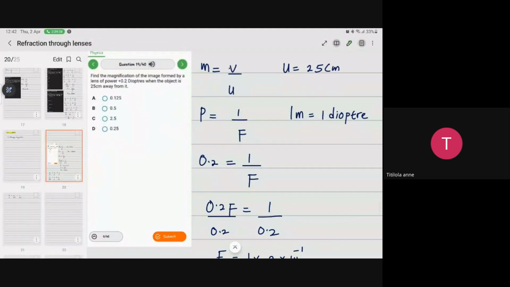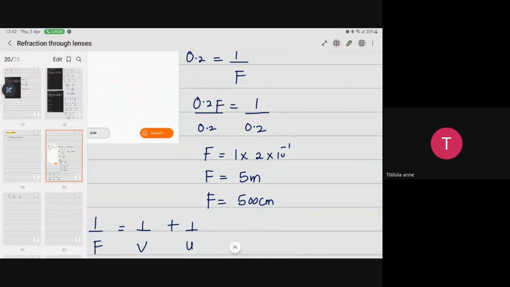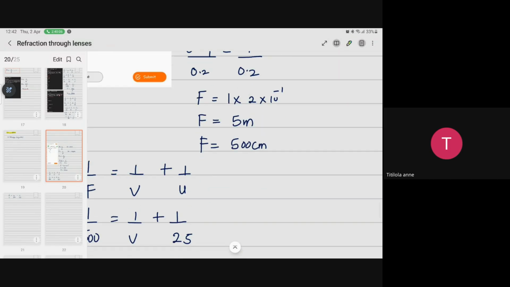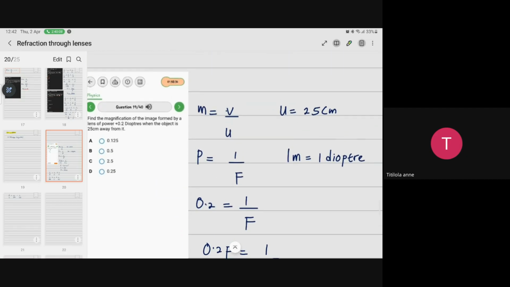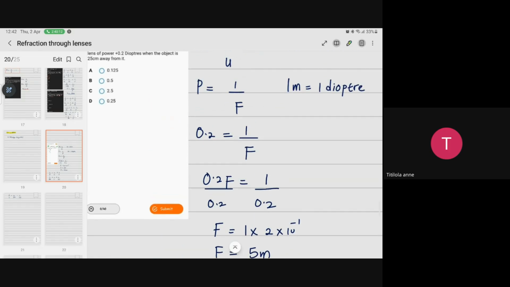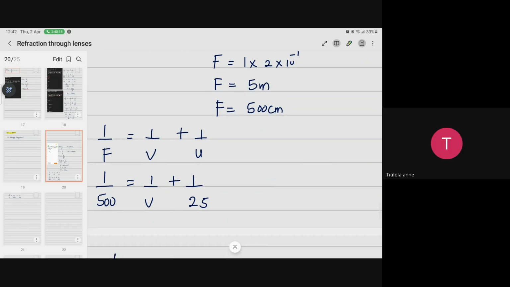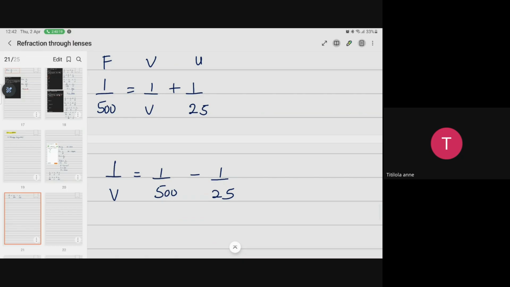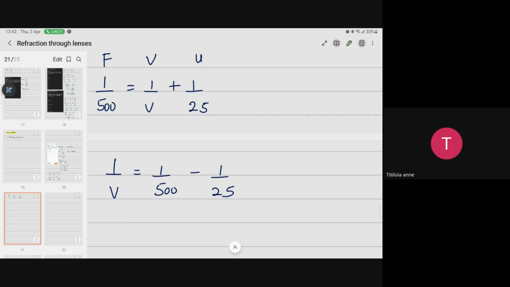F is 5 times 100, that's 500 centimeters, because this is 0.2. All right, so now I have 1 over 500 is equal to 1 over V plus 1 over U. U is 25. So when I subtract, that will give me around 0.038.